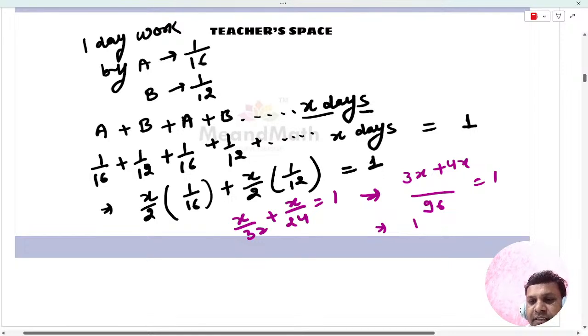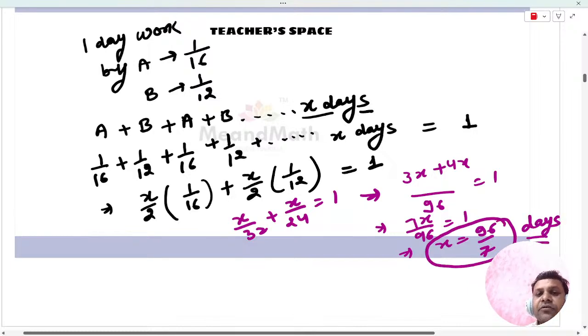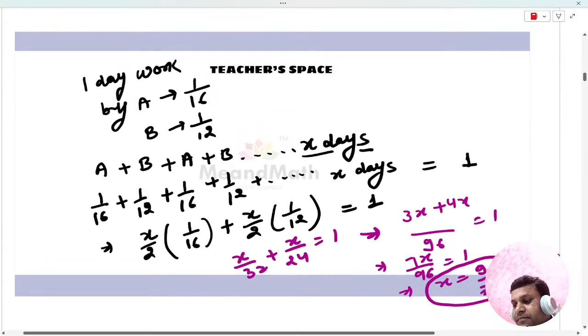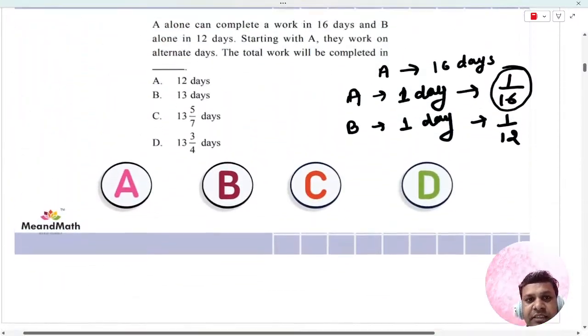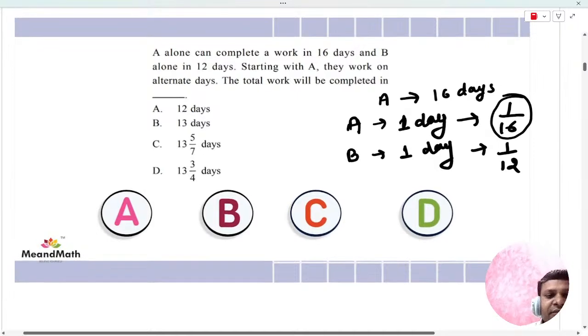From here you will get 7x upon 96 is equal to 1, and the final x is equal to 96 upon 7 days. So how many days are needed? 96 upon 7. Now come to the options. 96 upon 7, what was the answer?